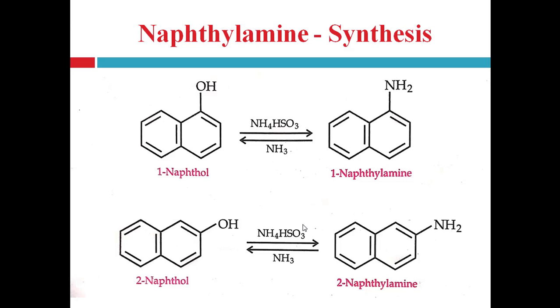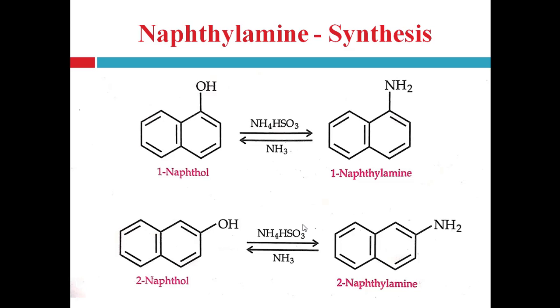Naphthylamine can be synthesized from naphthol, that is known as the Bucherer reaction, right? It can be obtained from the naphthol. Naphthylamines can be prepared from naphthols by heating with an aqueous solution of ammonium hydrogen sulfite and ammonia.